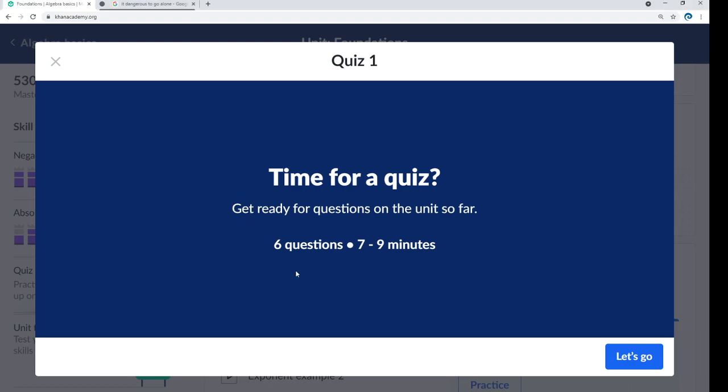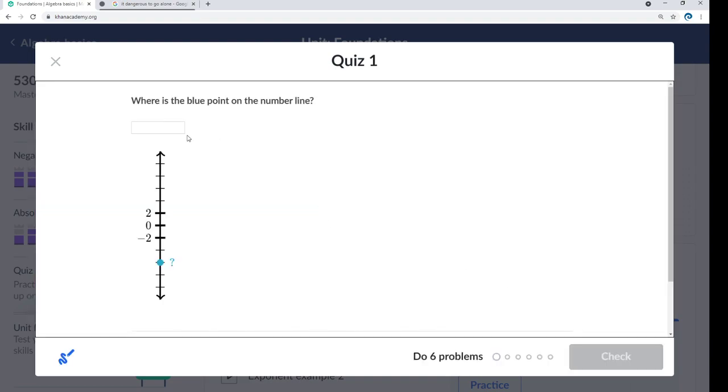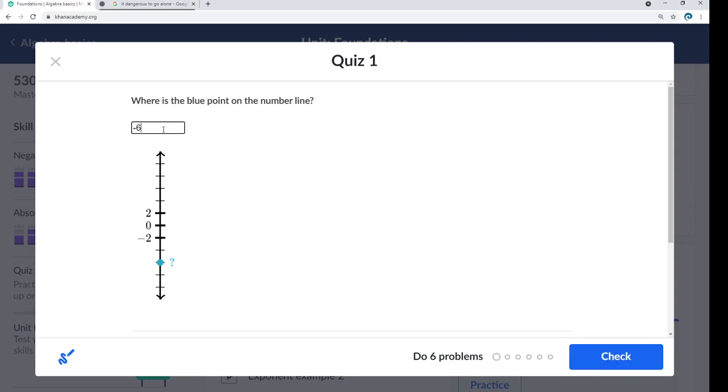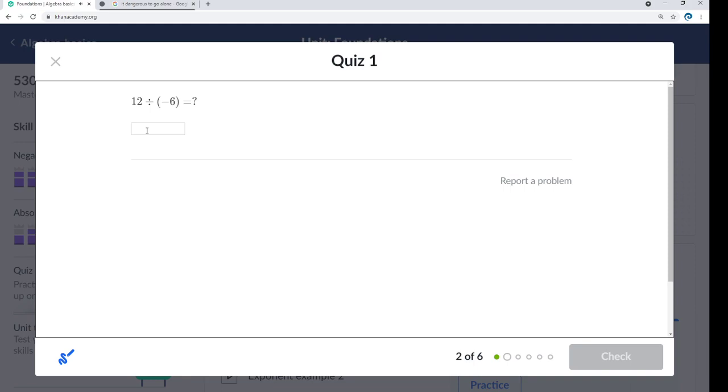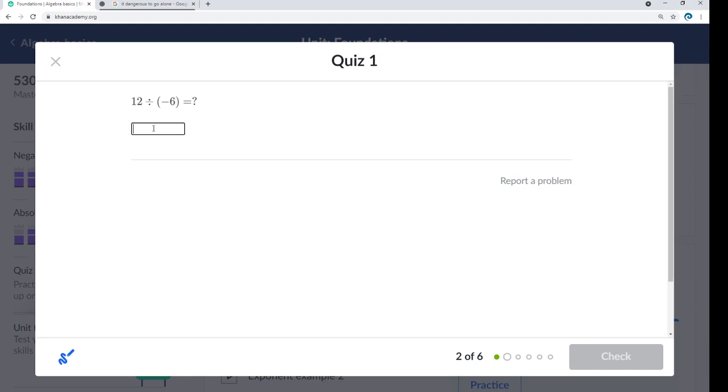Time for a quiz. Get ready for questions on the units so far. Where's the blue point on the number line? So this is -2, -4, -6. Righto. And then 12 divided by -6. If I remember correctly, positive divided by negative is going to be a negative.